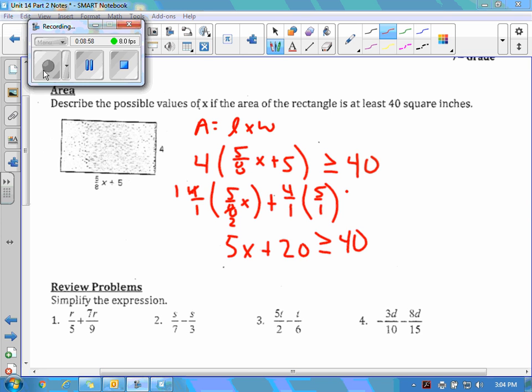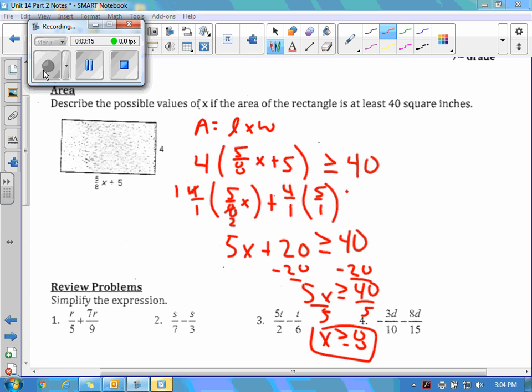At this point, it's a 2-step equation, so I'm going to subtract 20 from both sides, and I'll get 5x is greater than or equal to 40. Then I can divide both sides by 5, so I'll get x is greater than or equal to 8. Okay, so the question was, describe the possible values of x, so x is 8 or anything greater than 8.